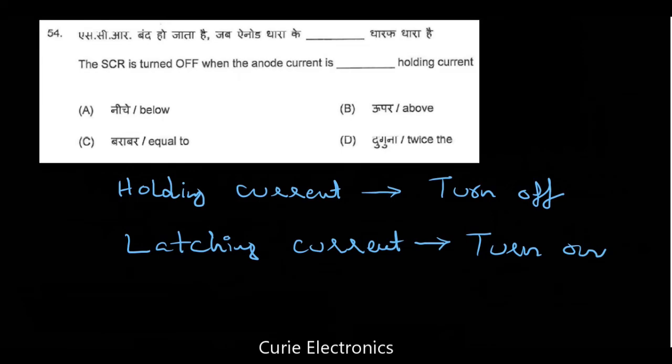We have to reduce the anode current below the holding current, then this SCR turns off. The SCR is turned off when anode current is below holding current. The SCR will turn on when anode current is greater than the latching current.